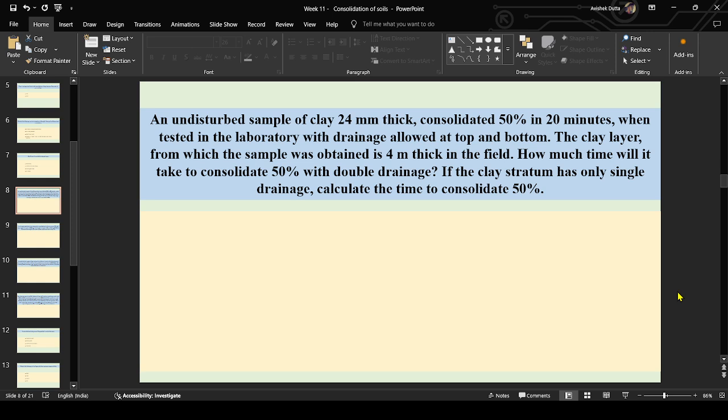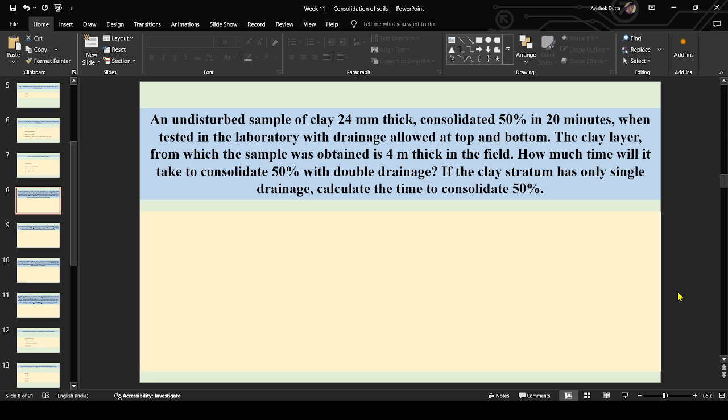So you have understood the question, I believe. I'll just repeat it once. You're asked to find the time for 50% consolidation in the field specimen of clay layer, which is 4 meter thick, once with double drainage and another time with single drainage. An undisturbed sample of clay 24 thick consolidated 50 percent in 20 minutes in the laboratory with drainage at top and bottom.